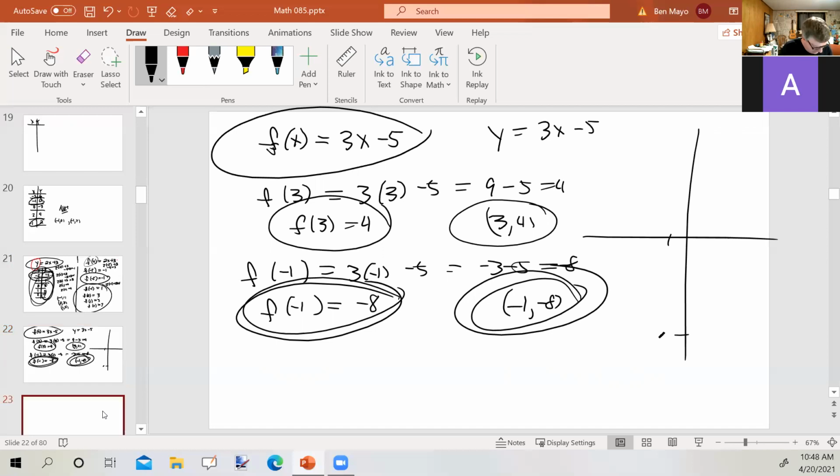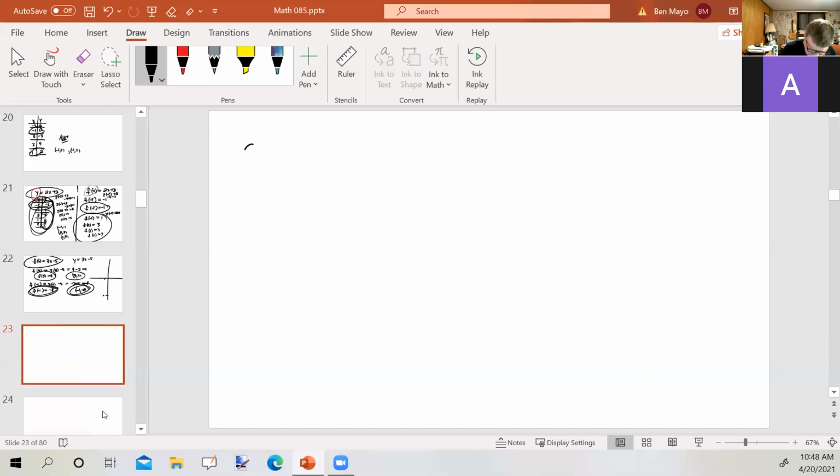Okay. Let's say we've got g of x equals x squared minus 2. Whoa, hold on there. What do you mean g of x? Just like our variables are not limited to x and y, function notation is not limited to f of x. We can pretty much use any letters we want.